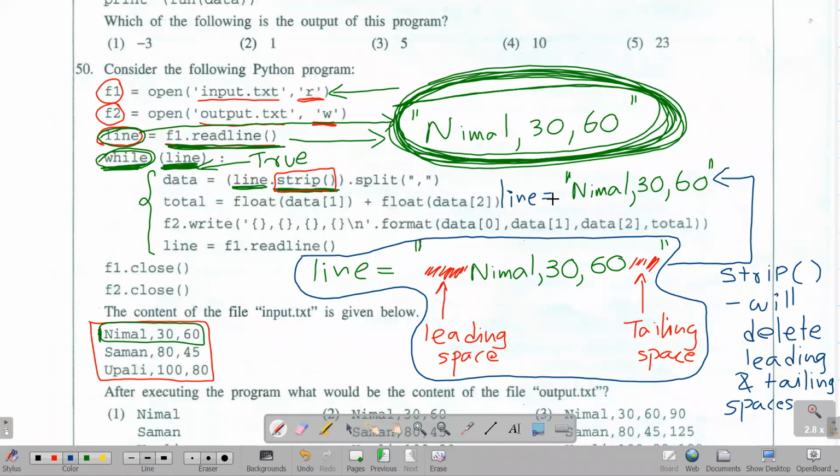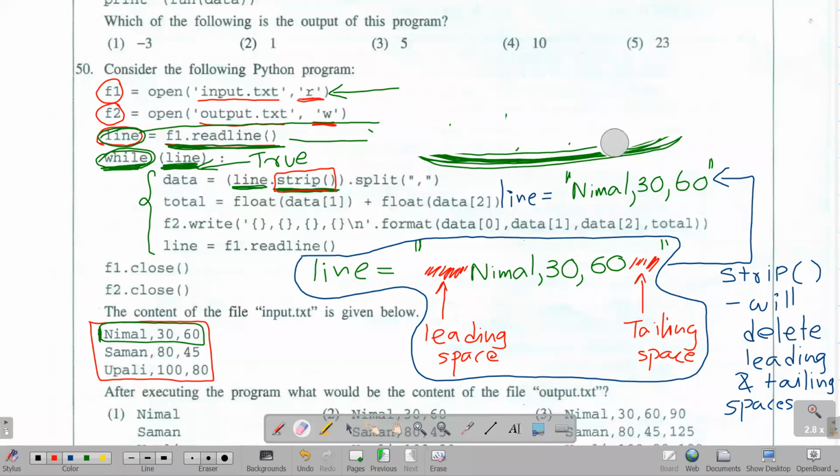I want you to note this down, people, because we haven't discussed this during the Python lessons. So just get to know about the strip function from this point. It's better you write down the things on the board.